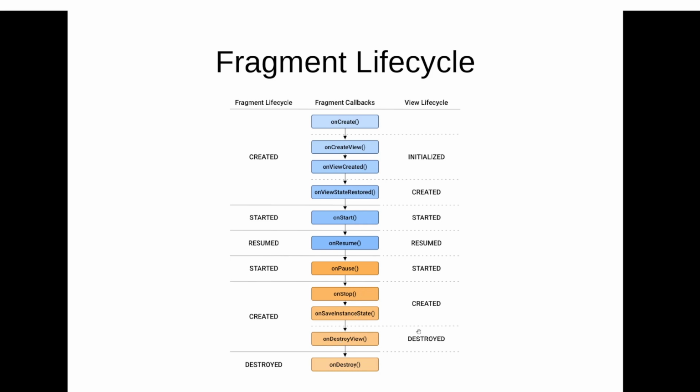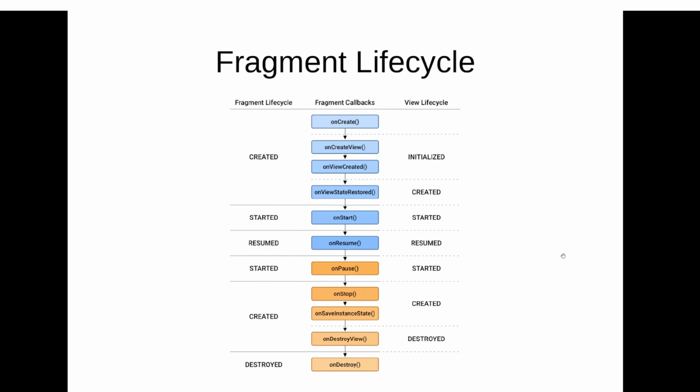OnDestroyView, which correlates to onCreateView, and onDestroy. So again, much like with an activity, different things can cause different state transitions in a fragment. And when a particular state transition occurs, the respective callback is invoked, allowing you to execute code that relates to that particular state.